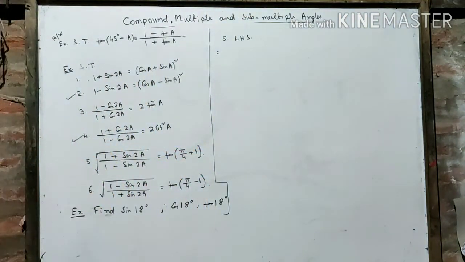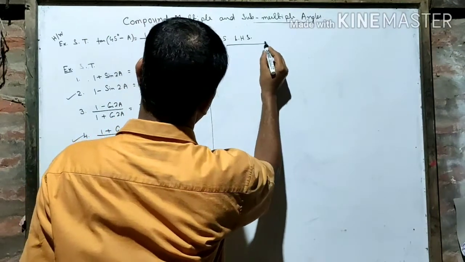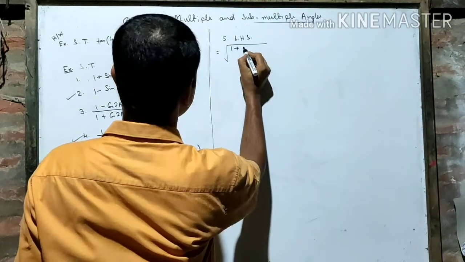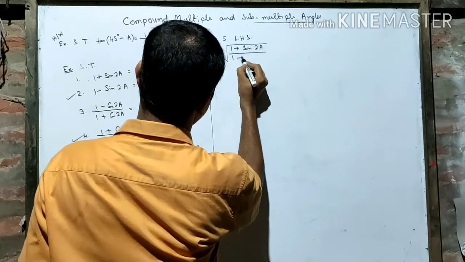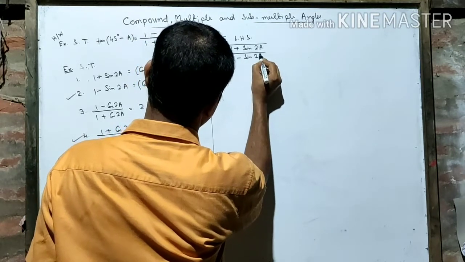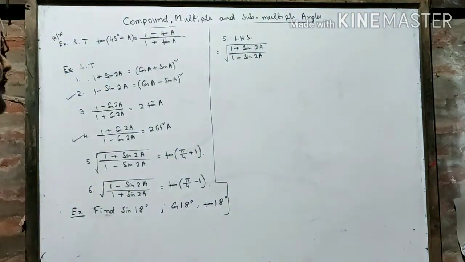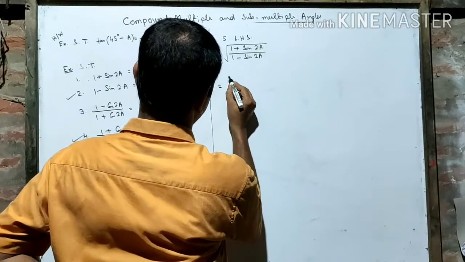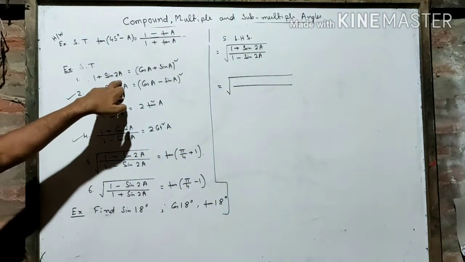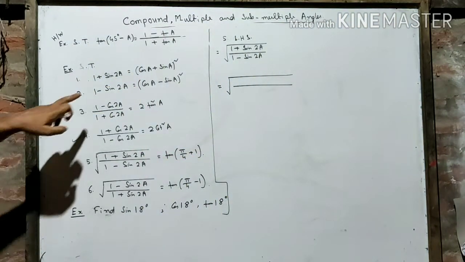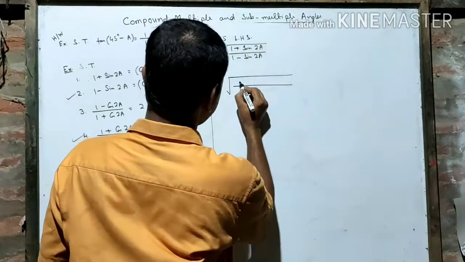What is left hand side? Left hand side is under root 1 plus sin twice a by 1 minus sin twice a. Okay. This is equal to under root, we have just shown that 1 plus sin twice a is equal to cos a plus sin a whole square.